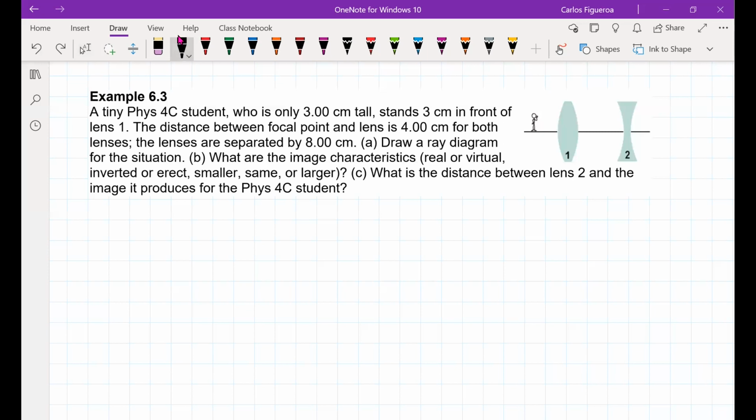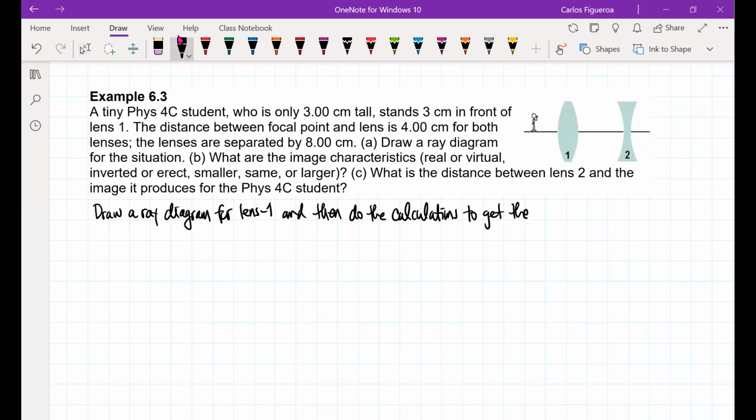So what I'm going to do here is draw a ray diagram for lens 1 and then do the calculations to get the image details.